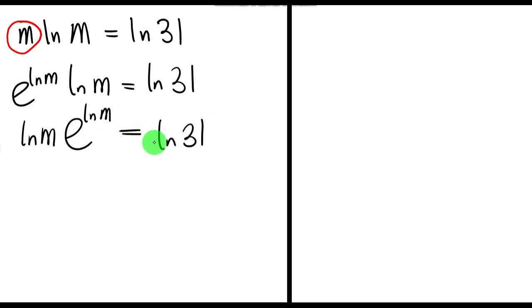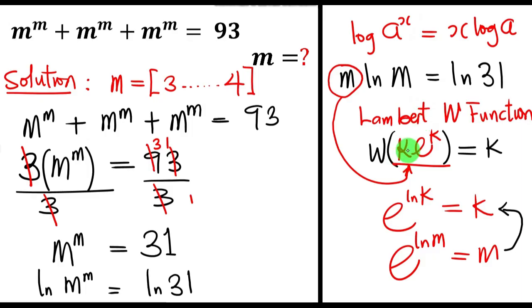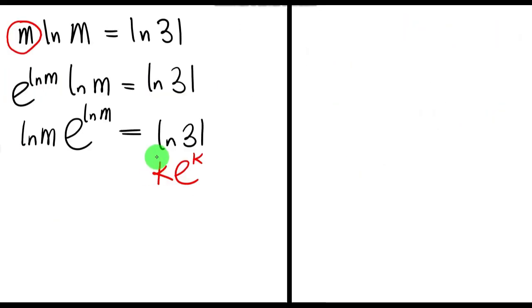So at this point, going back to Lambert's W function, especially this left hand side that we've already written, we can see that when we have k exponential of k with Lambert W function, the result is going to be k. That is, if we carry out W function on this, the result is k.